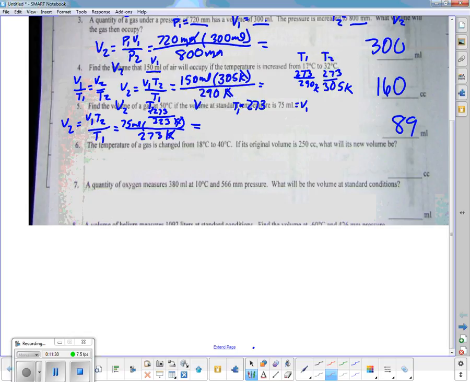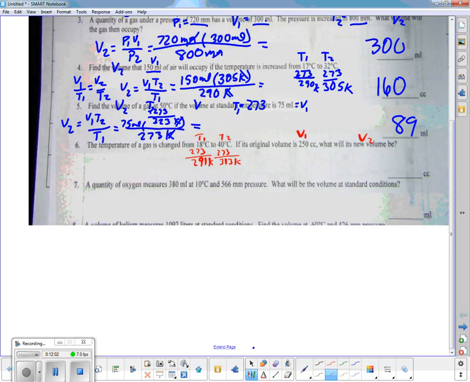Okay, so the temperature of a gas changed from T1 to T2, right? And if its original volume is V1, what will its new volume be, V2? So we do need to add 273 here and here. So we end up with 313 and 291, right?